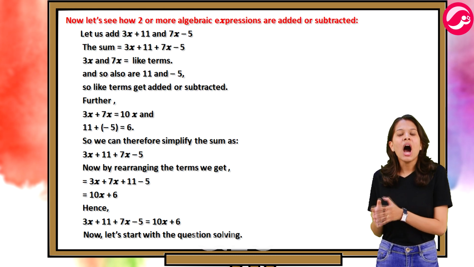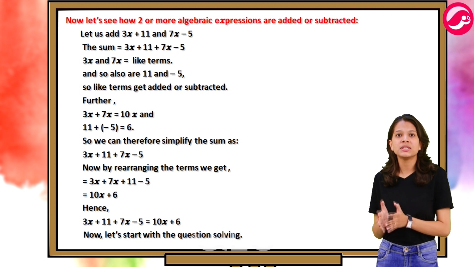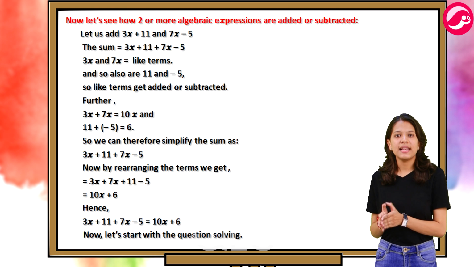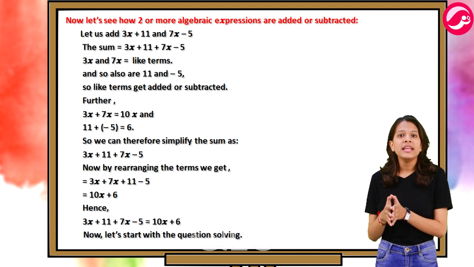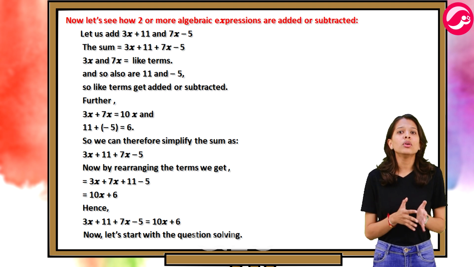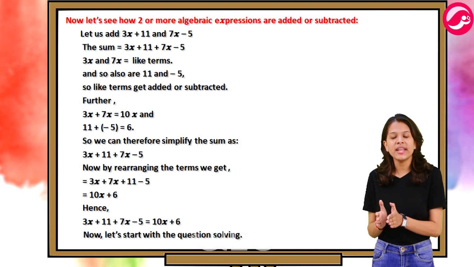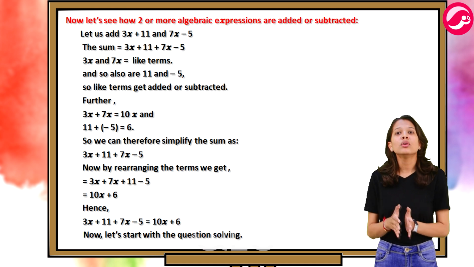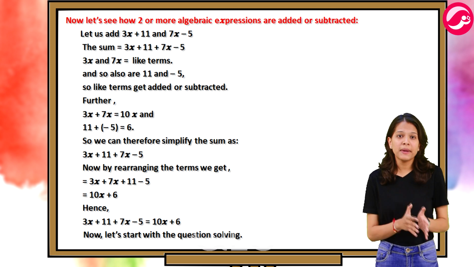Now, let's see how two or more algebraic expressions are added or subtracted. Let us add 3x plus 11 and 7x minus 5. So, the sum is 3x plus 11 plus 7x minus 5. We know that the terms 3x and 7x are like terms, and so are 11 and minus 5. So like terms get added or subtracted.